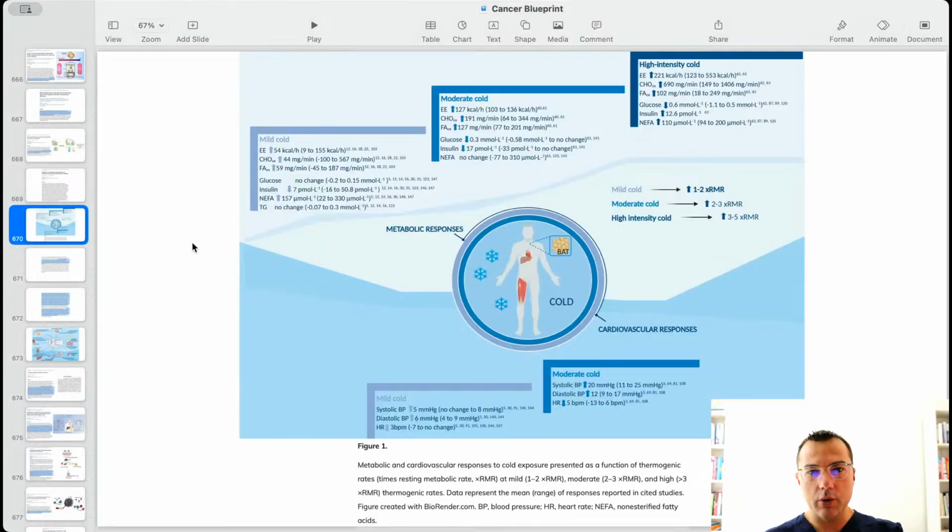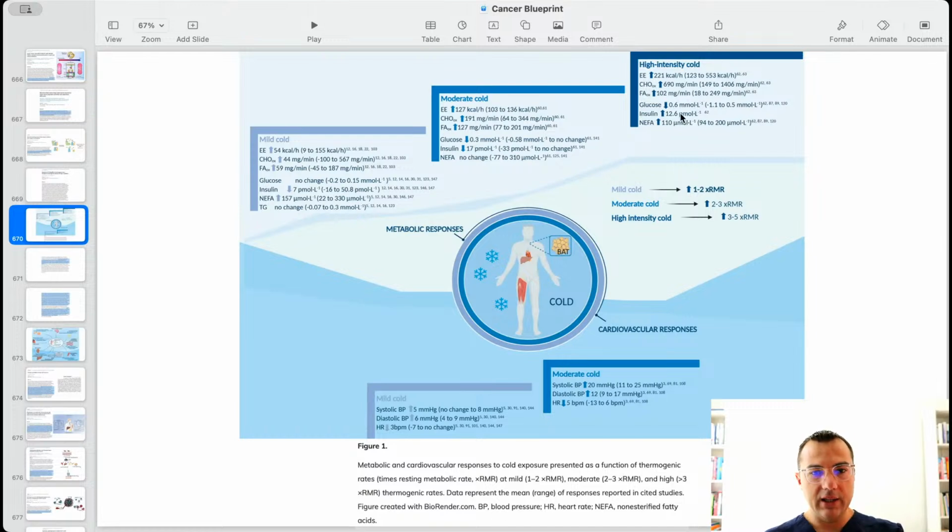So the next graphic I want to show was that they break down these responses by metabolic responses and cardiovascular responses. And they give a bunch of different data, basically for mild cold versus moderate cold versus high intensity cold.